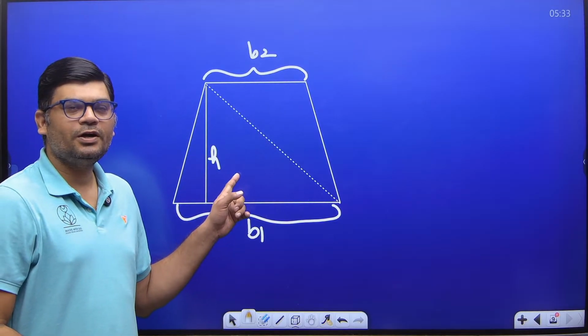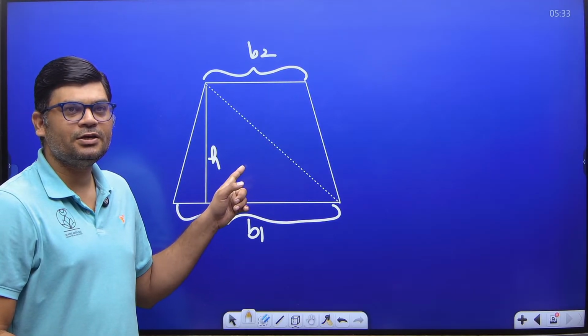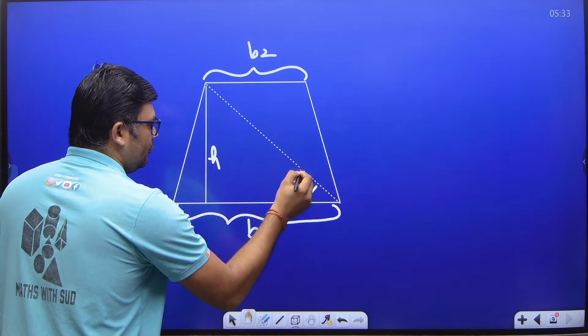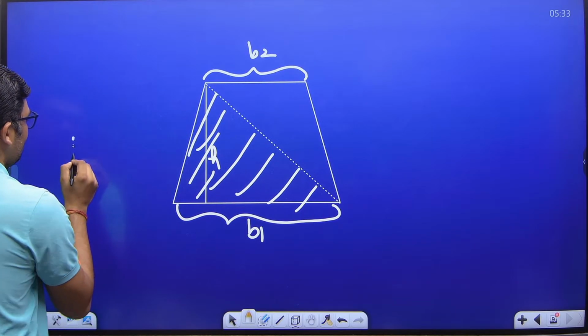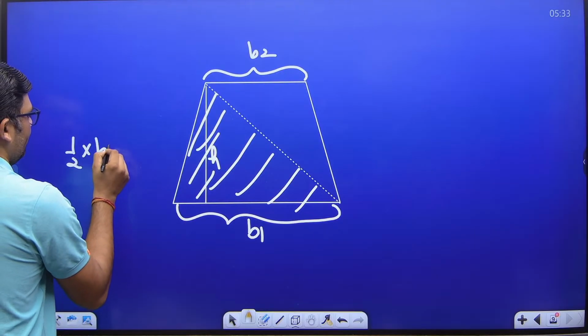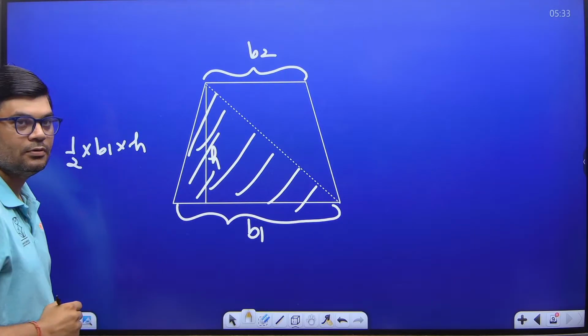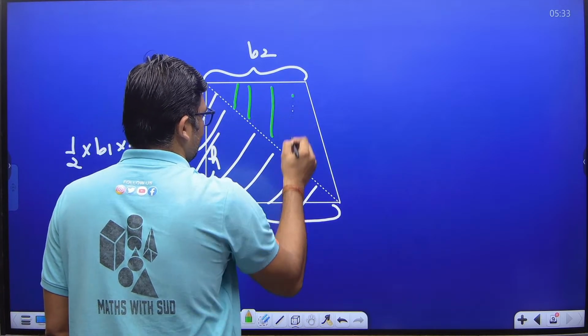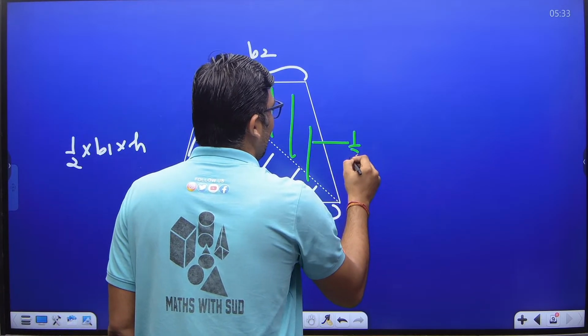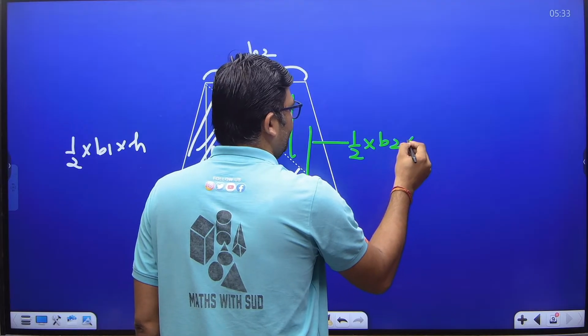So what is going to be the area of this particular region? We have broken it down into one triangle, so it is half into b1 into height. And then for the other region, it is going to be half into b2 into height.